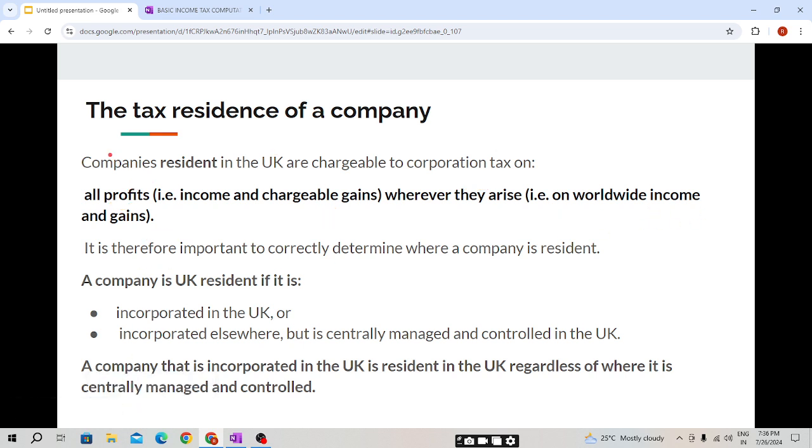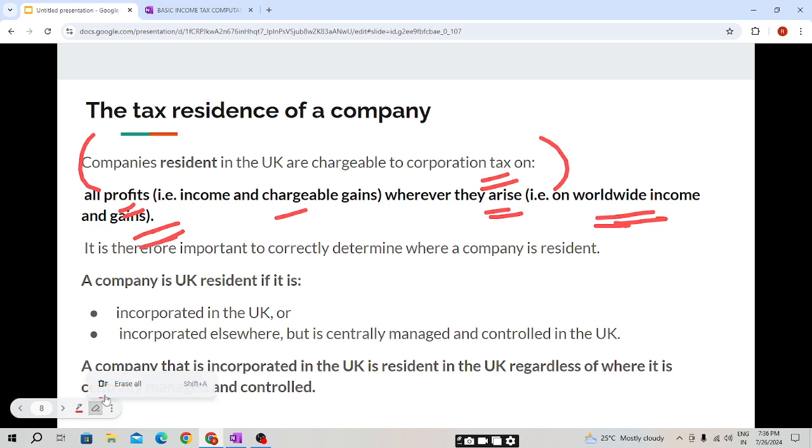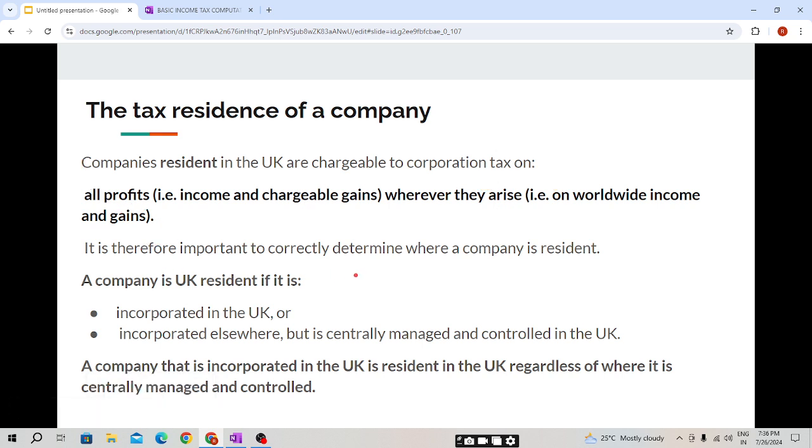So students, if a company is a UK resident, then corporation tax will be charged on all profits, that is income and chargeable gains, whether they arise from worldwide income and gains. It is therefore important to correctly determine whether a company is resident.